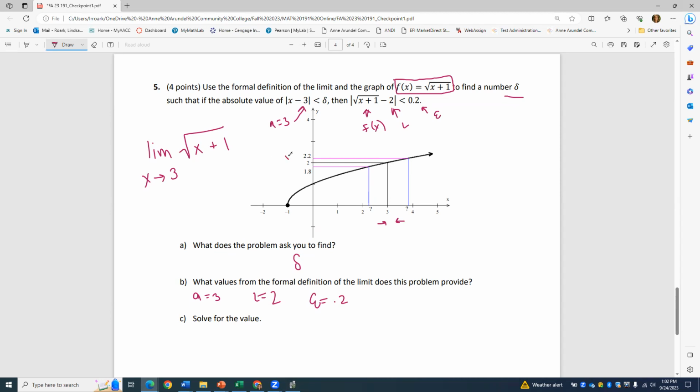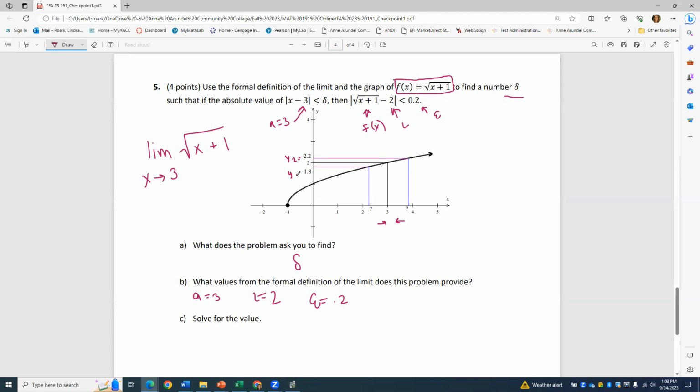Okay, sometimes I just like to label them, this is my y2, just to keep track. And then the distance again is epsilon, 0.2. That could go down. You could go the other direction as well, right? So maybe I can call this y1. I don't know, just because, okay?